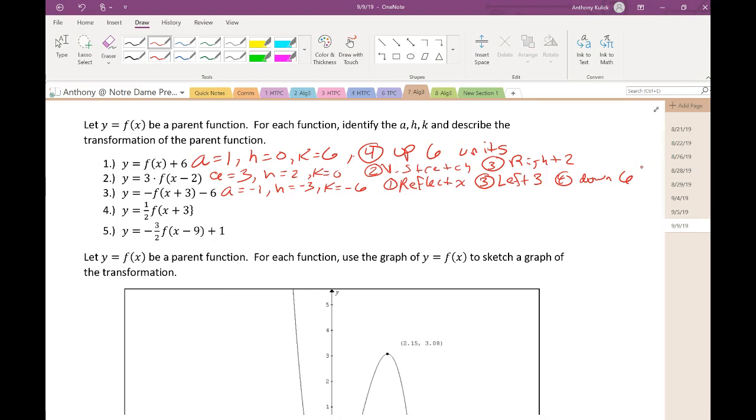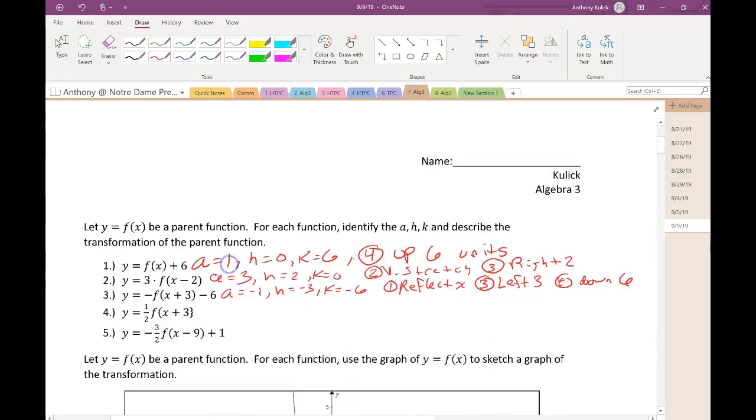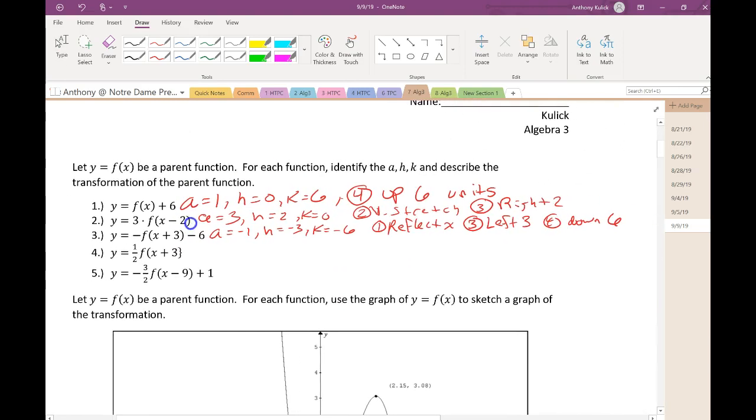Everybody so far so good? Alexis. So remember that the general form has a subtraction symbol there.